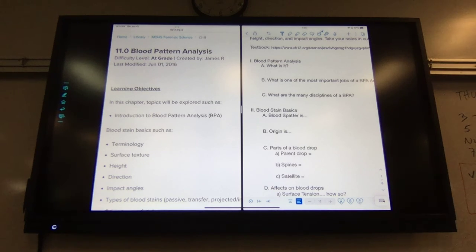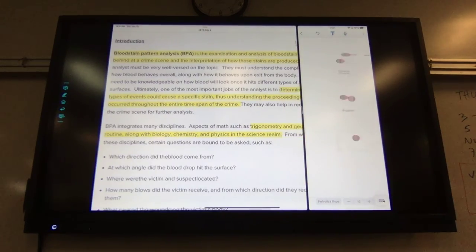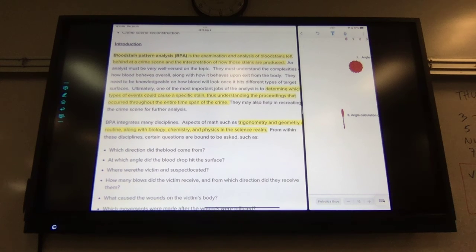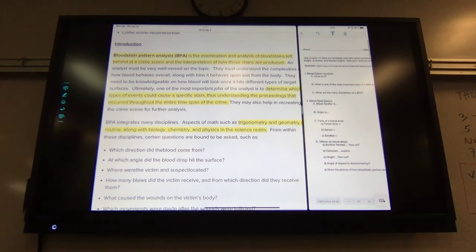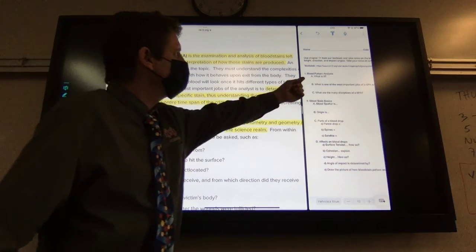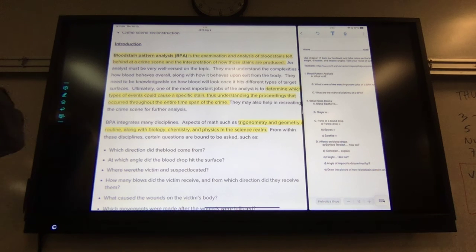So what is blood pattern analysis? I have my textbook, and I've highlighted. So you can go ahead and highlight as well, and you can see that the answers are going to be put into the question. So what is blood pattern analysis? It is the examination of all of the blood stains left at a crime scene, and then they're interpreted to the point where it can recreate a crime scene.